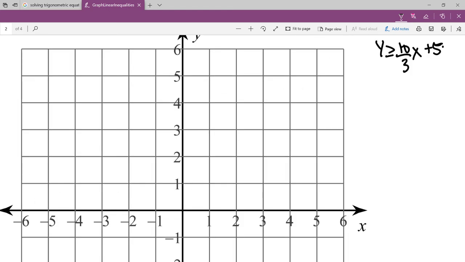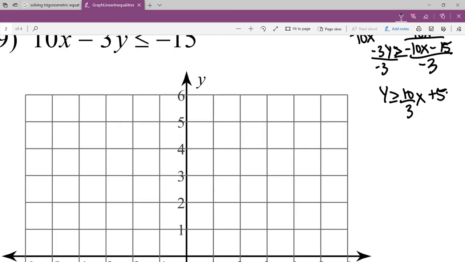So you say 0, 5, and then I would go up and right, but remember that since we don't have enough space for that, we're gonna go down and left. It would look like this, but we're gonna go down and left.